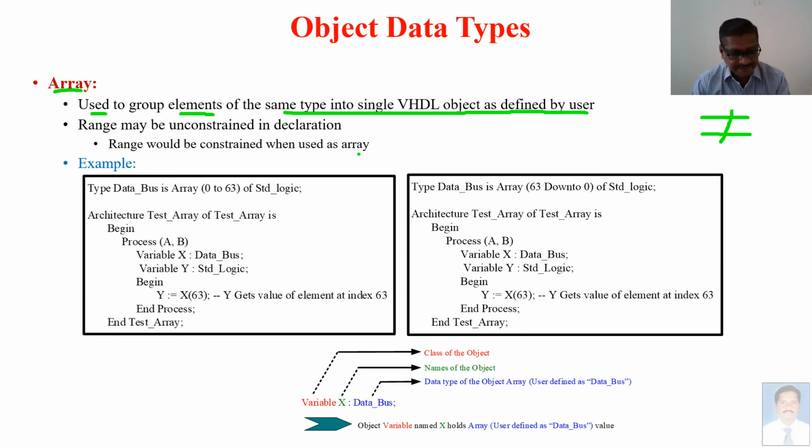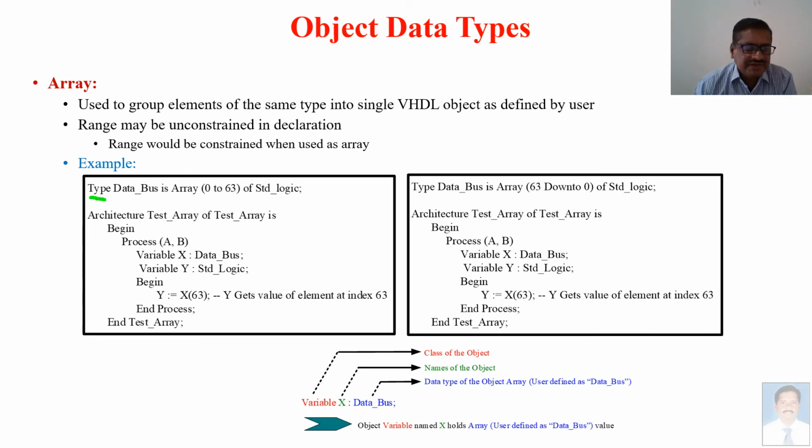Now how is it? In this case, it again comes under the declaration part. Type is reserved, the data type name is user defined. Array is reserved again. Of is also reserved. 0 to 63 of STD logic is what we have.